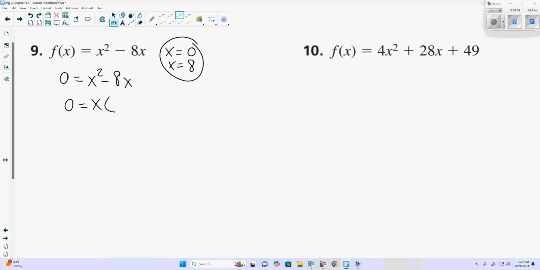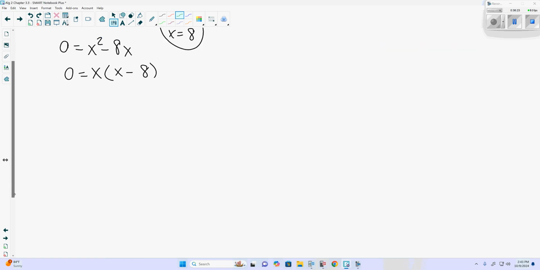Now, if I factor x out of x squared, we're left with x minus 8. We're essentially dividing an x out of both terms. We're removing an x from each one. Wait a minute. We do have two things multiplied together that equal 0, yes?